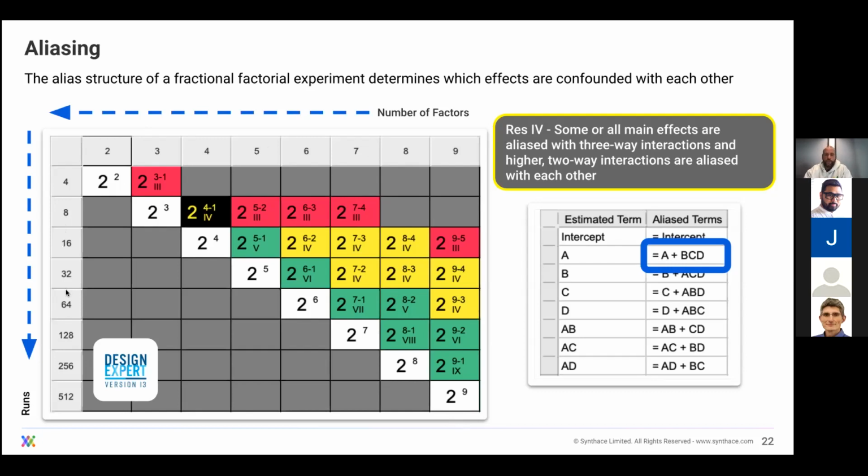A third option is known as augmentation, where you run this resolution 4 design and, if an aliased effect is shown to be significant, you can design a second experiment iteration to look at that specific alias term in order to disentangle their effects. Augmentation again links into the theme that DOE experiments should be performed sequentially, with the benefit being that you minimize the use of resources to get to the knowledge of the system.